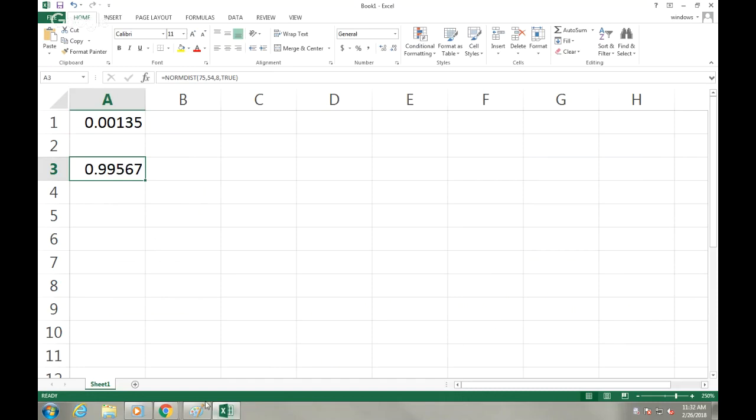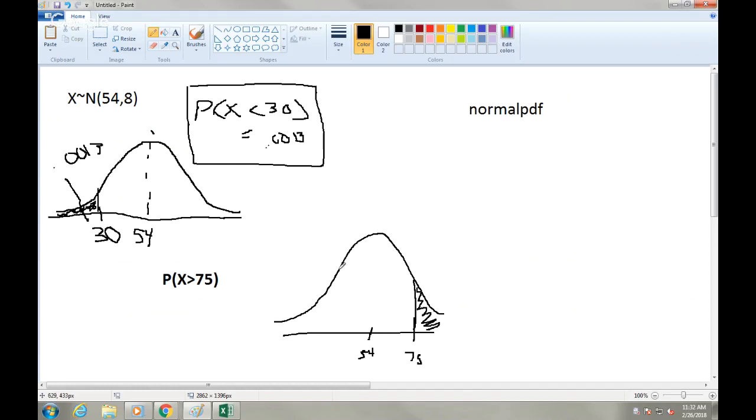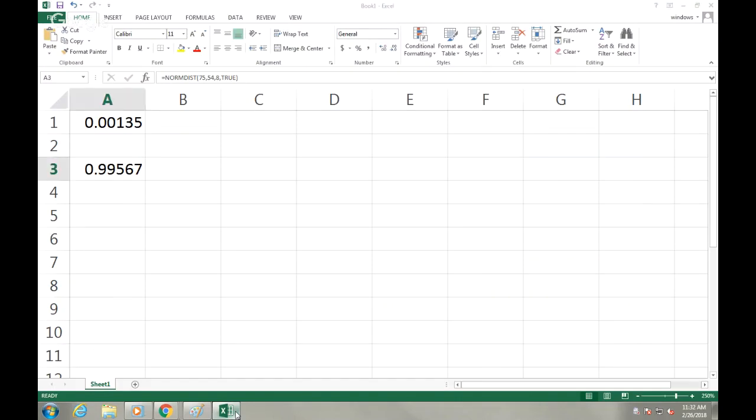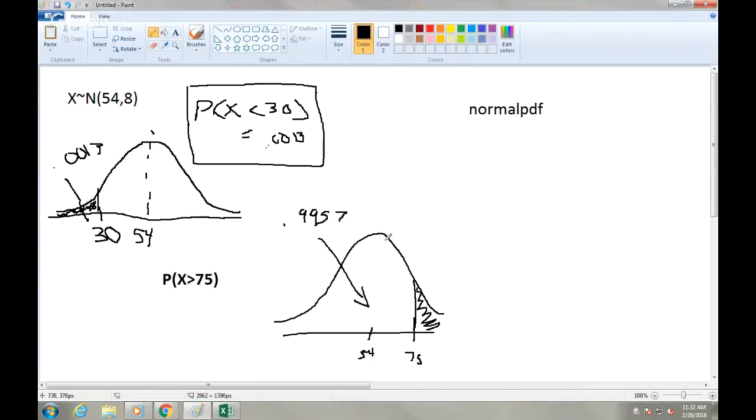Well, remember what Excel always does is give you this area right here, a lower tail. That's always what Excel gives. So 0.9957 is my lower tail. Therefore, what I'm interested in, the upper tail, is 1 minus that.